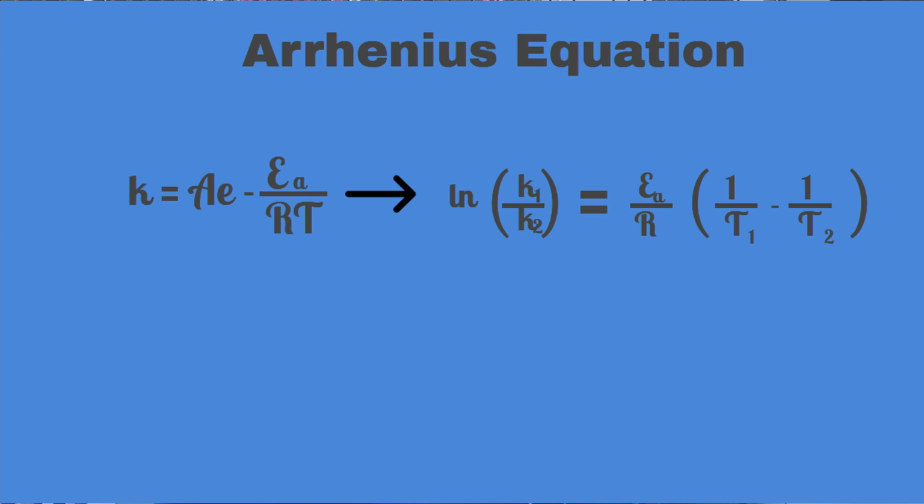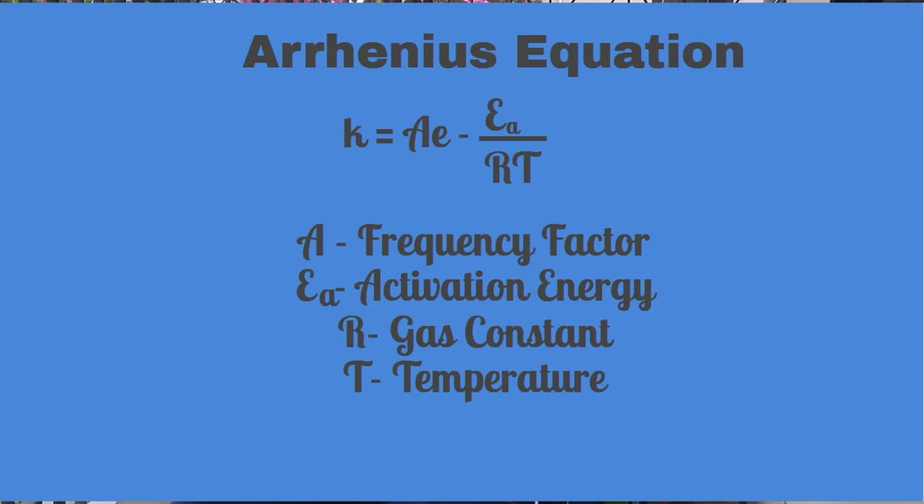And this is what we can use to calculate the activation energy. Now, in this equation, A is the frequency factor, e is the e we talked about in our algebra series, Ea is the activation energy, not Electronic Arts, R is obviously the gas constant, and T is temperature.